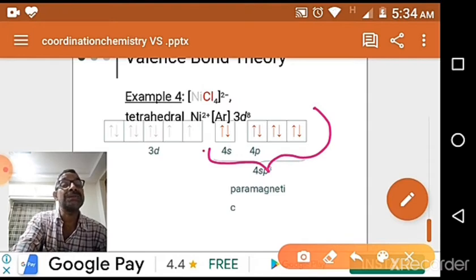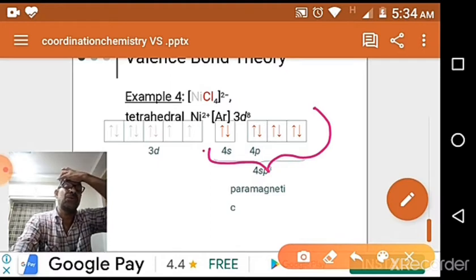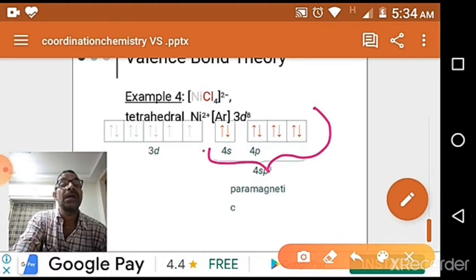Due to interaction of these 4 vacant sp3 orbitals, they accept electrons from the chloride ligands. The filled orbitals of the 4 chlorine atoms, which have electron pairs, interact with the sp3 orbitals of the nickel ion.